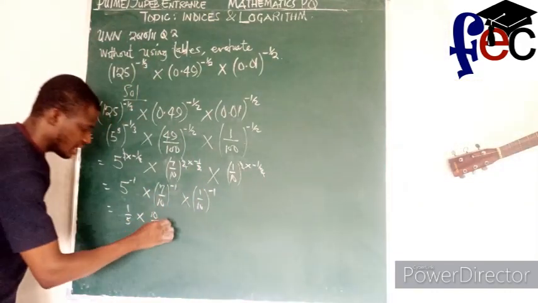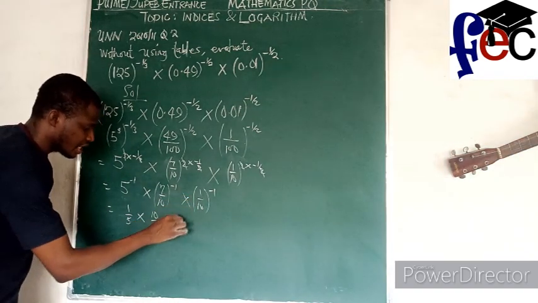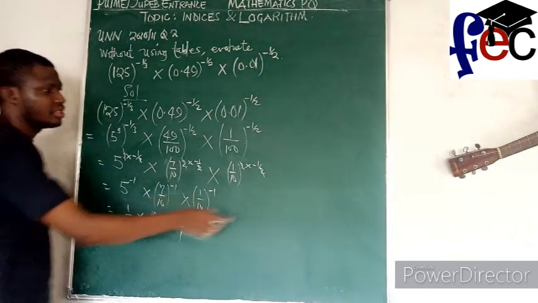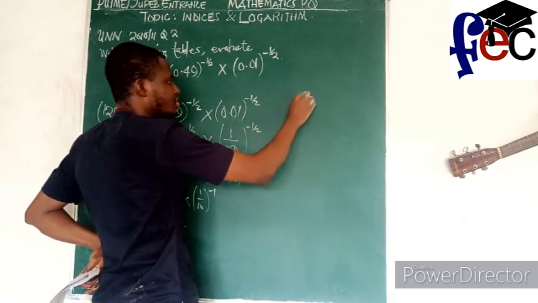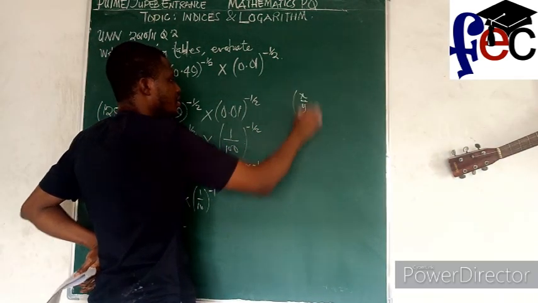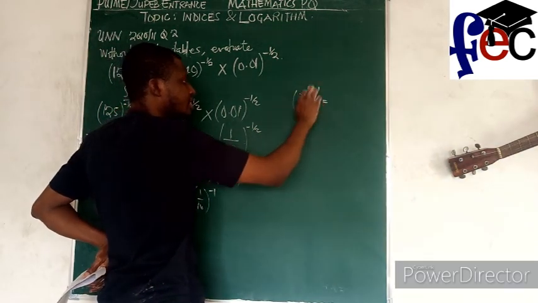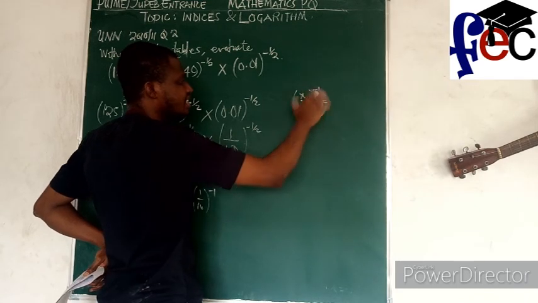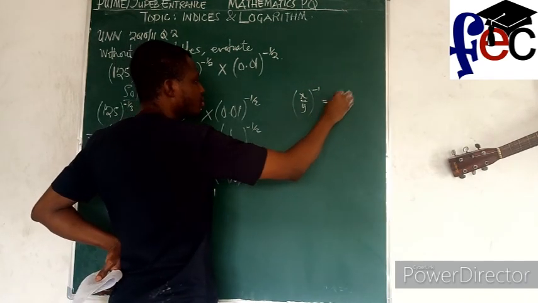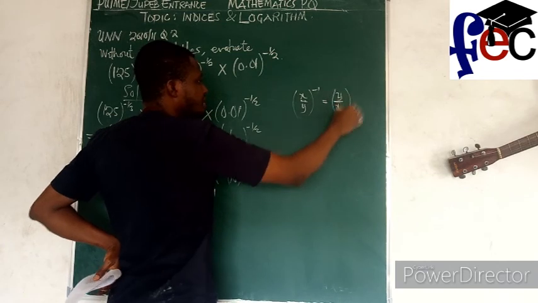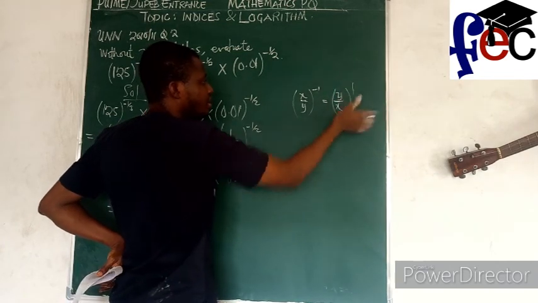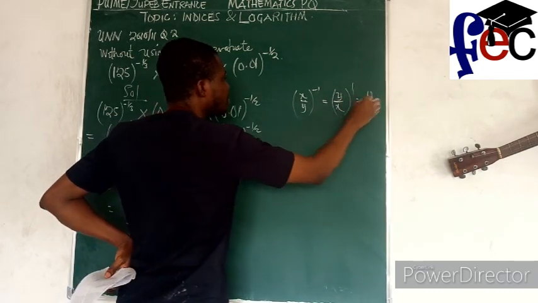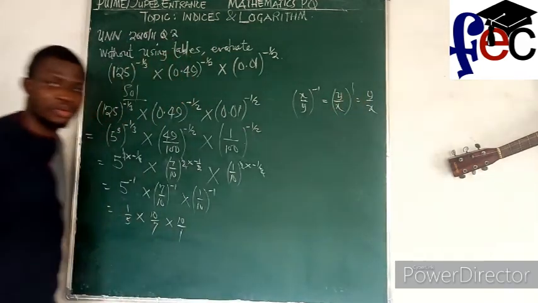Then this one too will become what? 10 over 1. You remember that law that I said when you have a fractional base, all raised to power minus 1? The negative sign indicates the reciprocal of the base, which is y over x. Then everything raised to power 1. And because it is raised to power 1, it's going to be the same thing, y over x.